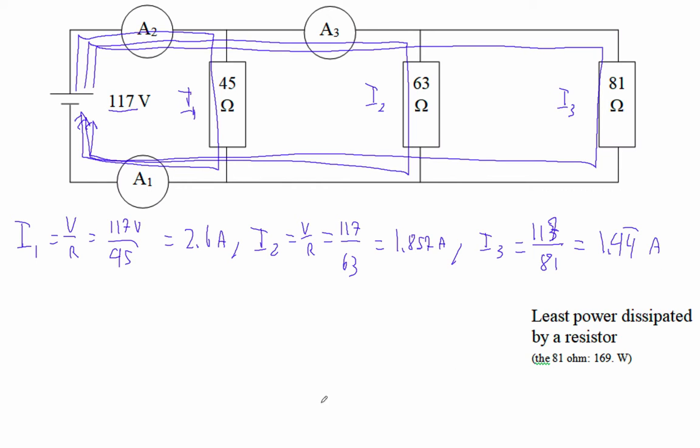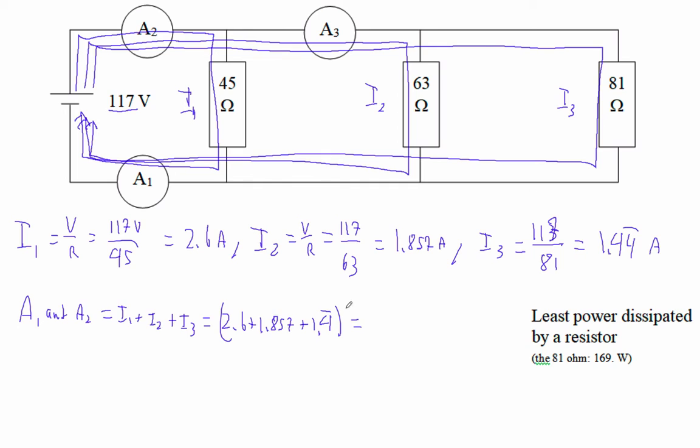Okay. So now we've got to look at the ammeters, right? A1 and A2 have all the currents going through them, right? So A1 and ammeter 2 are just going to be I1 plus I2 plus I3, which is equal to 2.6 plus 1.857 plus 1.44.